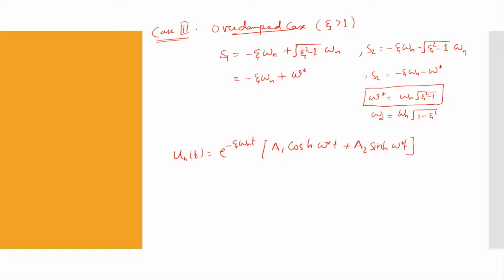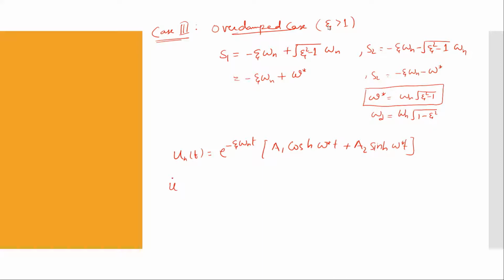So here it is cos hyperbolic omega star t and a2 sine hyperbolic omega star t. And if we differentiate it, we will get also the value to it, and finally I will put the value.